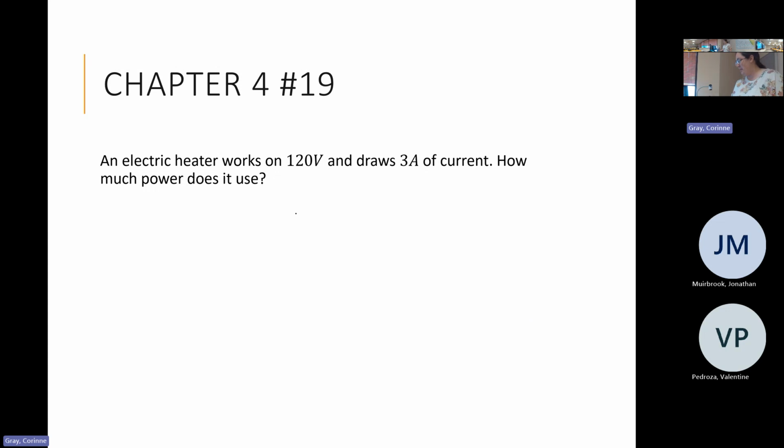All right, which form is the best for 19 here? You guys agree? Why'd you guys pick this one?